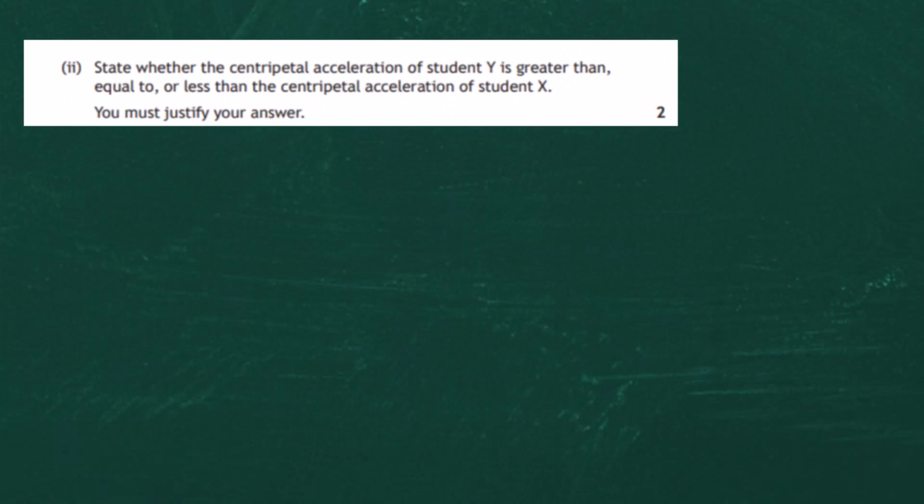Part 2: state whether the centripetal acceleration of student y is greater than, equal to, or less than the centripetal acceleration of student x. You must justify your answer to get your 2 full marks. The centripetal acceleration a is equal to the tangential velocity v squared divided by r. And we know that v, the tangential velocity, is equal to omega r.